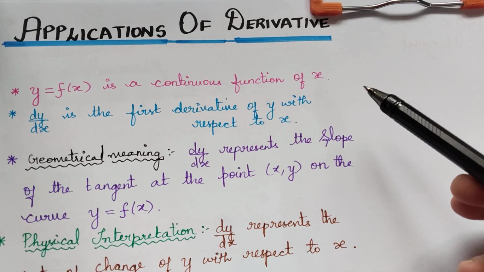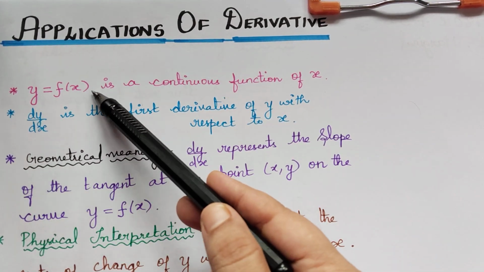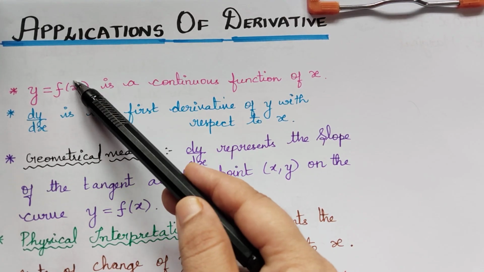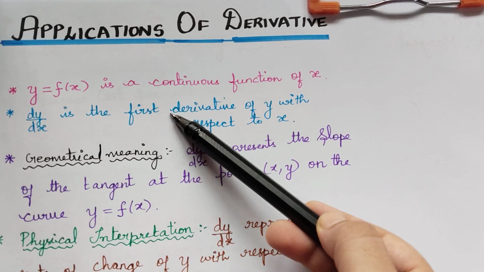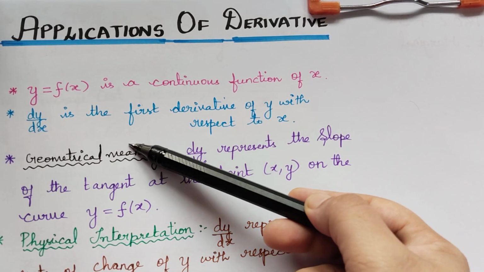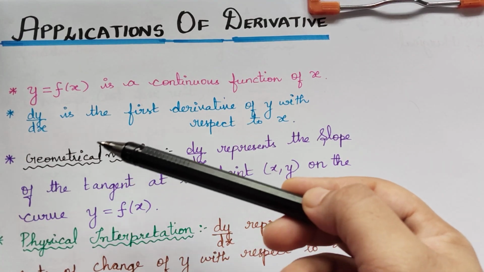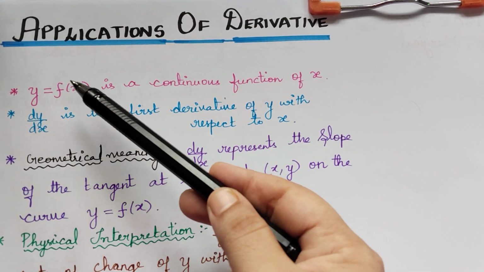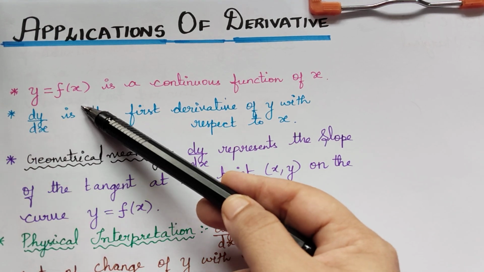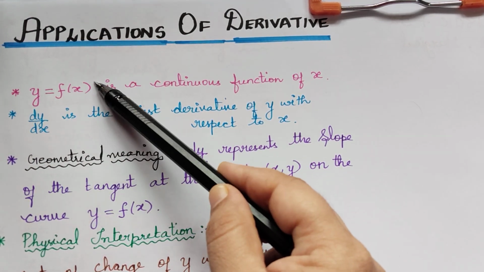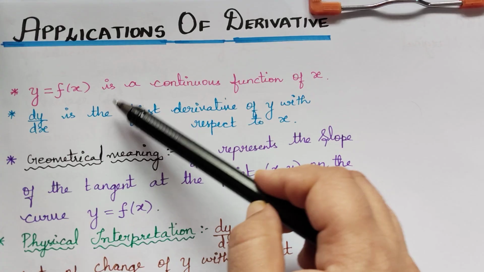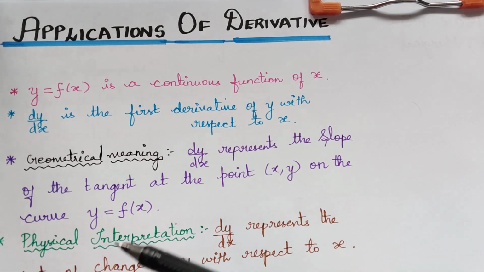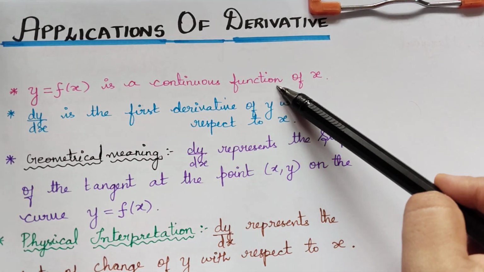It means that the function y equal to f of x does not have any breaks, jumps or holes in its graph. We can also say that as x changes smoothly, the value of f of x also changes smoothly without sudden jumps. So that is the meaning of a continuous function.